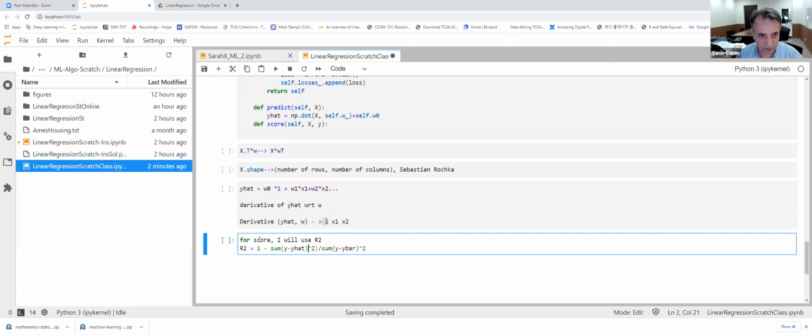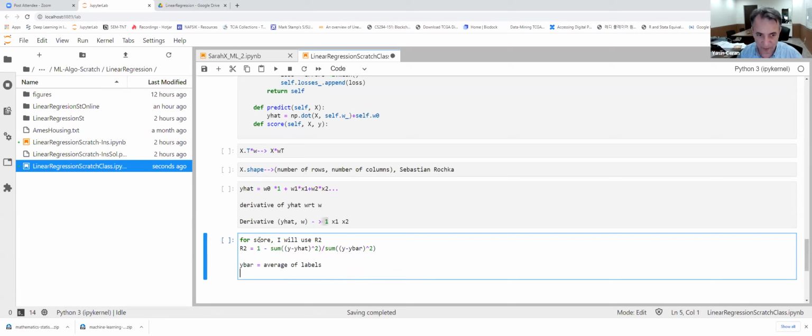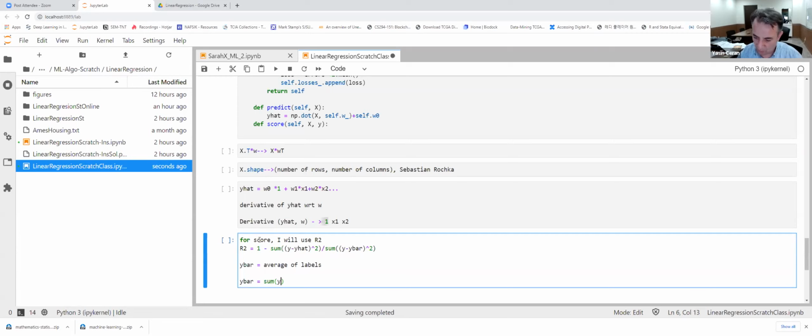Of course, squared is also inside the summation. Now let me explain what this y bar is. Y bar is nothing but the average of labels. In other words, y bar is summation of y divided by length of y.